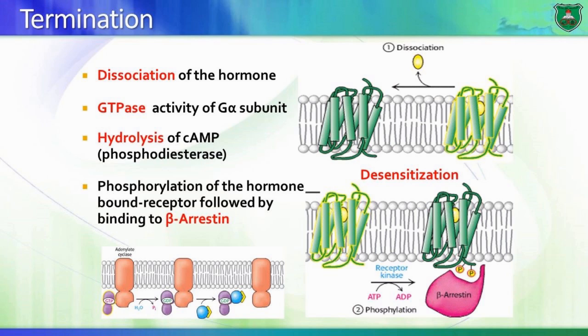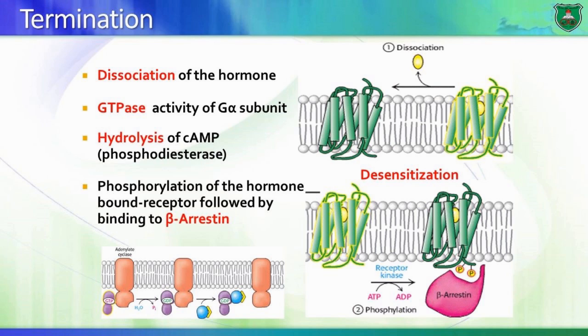We also have hydrolysis of cyclic AMP, the secondary messenger, by another enzyme known as phosphodiesterase. So we have adenylate cyclase converting ATP to cyclic AMP, and we have phosphodiesterase converting cyclic AMP to an inactive molecule known as AMP. And then we have also phosphorylation of the receptor itself by the receptor kinases.